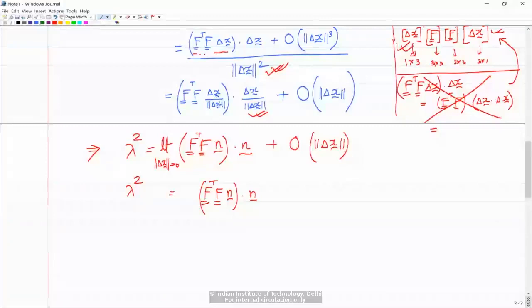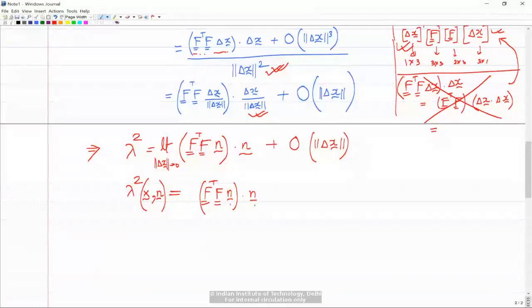And then if you want to write explicitly, this lambda square is now depending on the point x and also the direction of the infinitesimal line element at x. So if you change x, what is going to change in the formula? Big F. And if you change n, then you already see that n is here. So that's how it depends on both x and n.